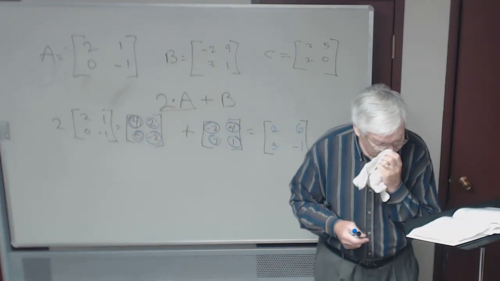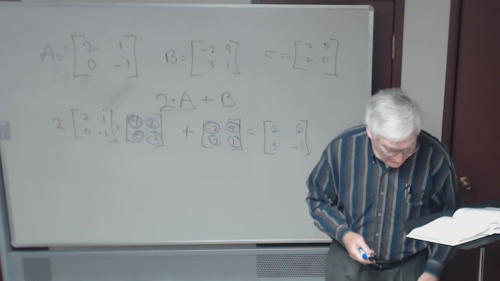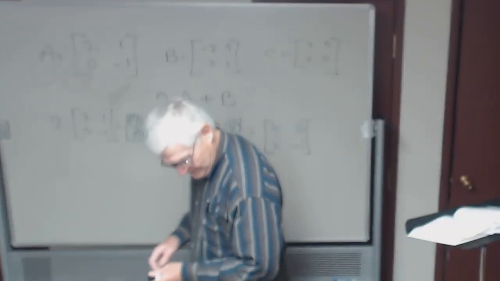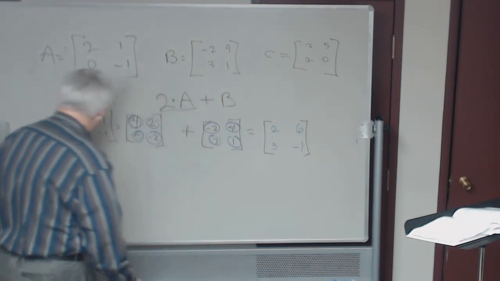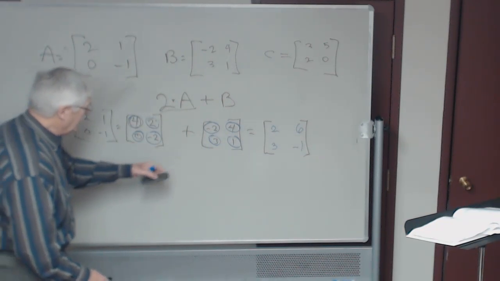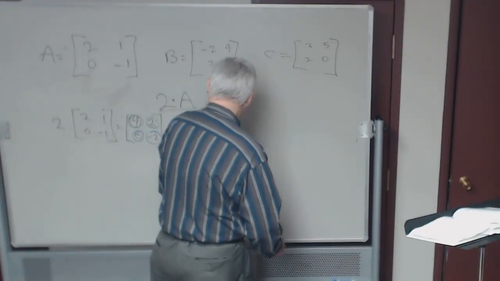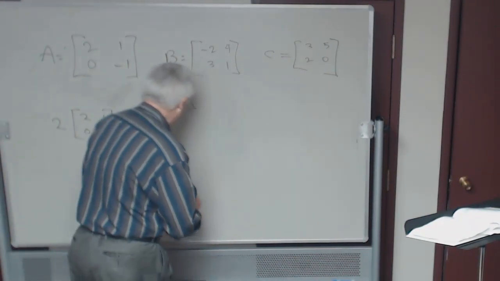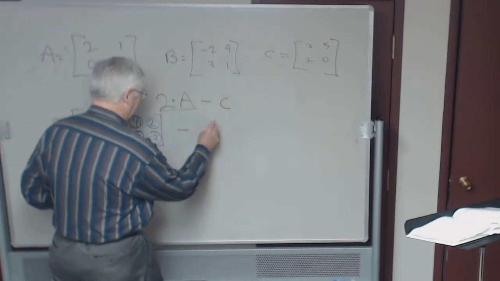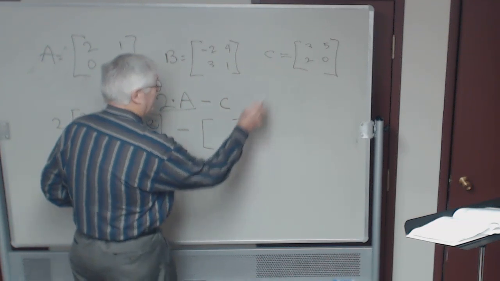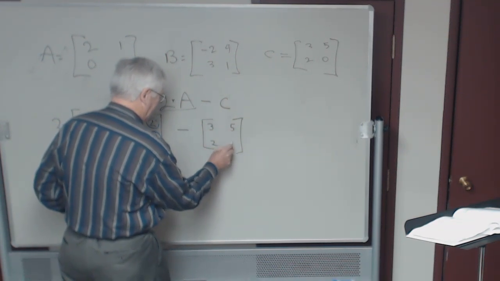So let's do problem C. 2A minus C. I have 2A already, but then it says, what's it say after that? 2A minus C. So now I'm going to go minus, and what was C? 3 and 5, and 2 and 0.